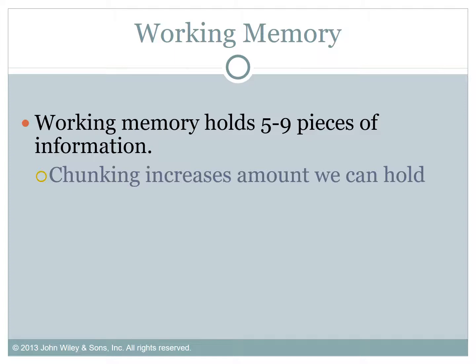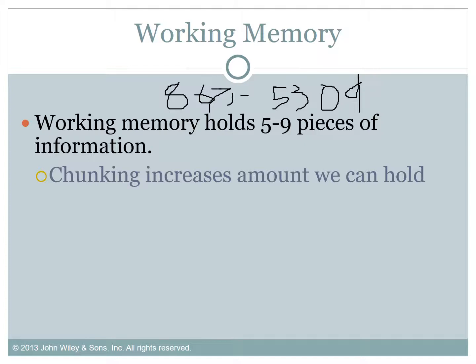So, for instance, if you have a phone number, say 8675309, right? Now that's about 7 items, and that's actually why we have phone numbers that are 7 units long. What you're missing, though, is that we don't think about information this way.